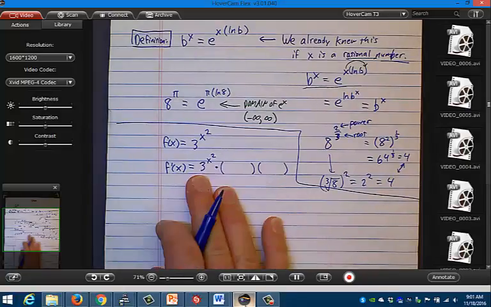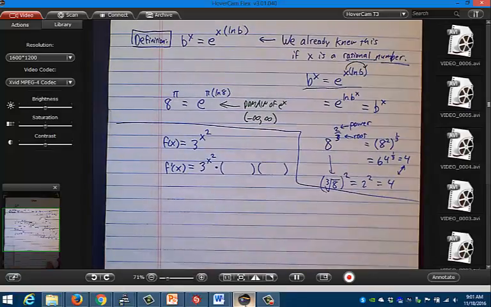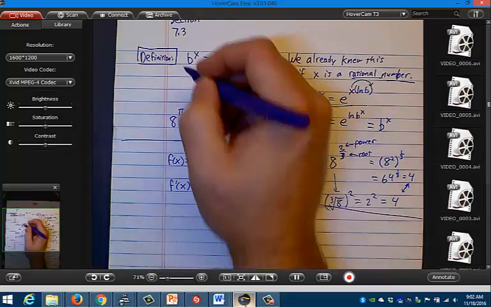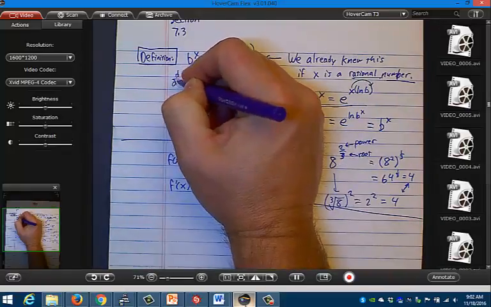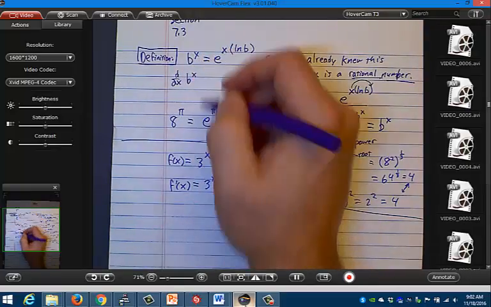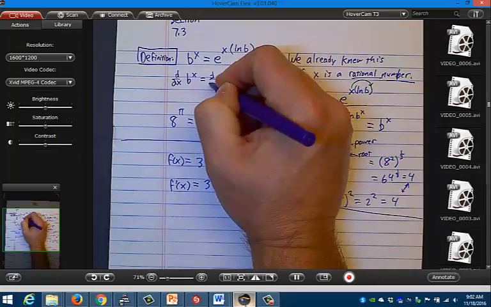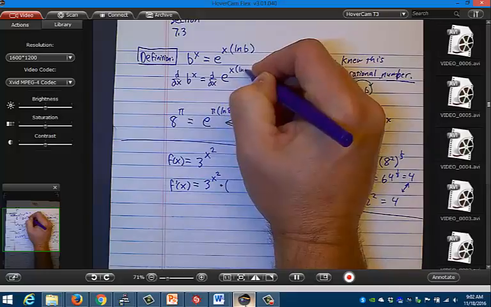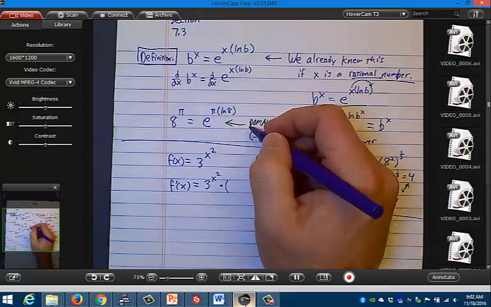So let me talk about why we have to multiply by two different things. Let's go back up to our definition up above. Okay? If I wanted to take the derivative with respect to x of b to the x, right? Well, that is the derivative of e to the x times ln of b, right?